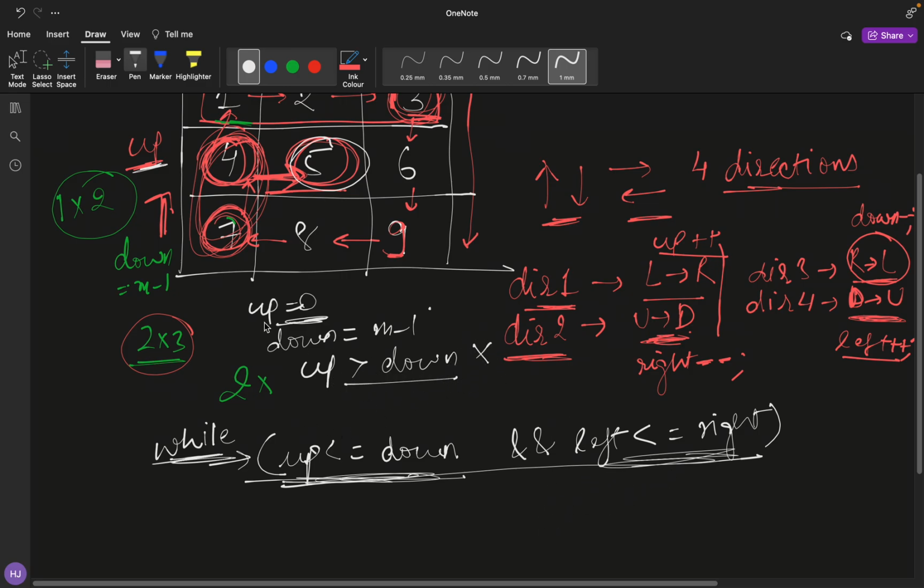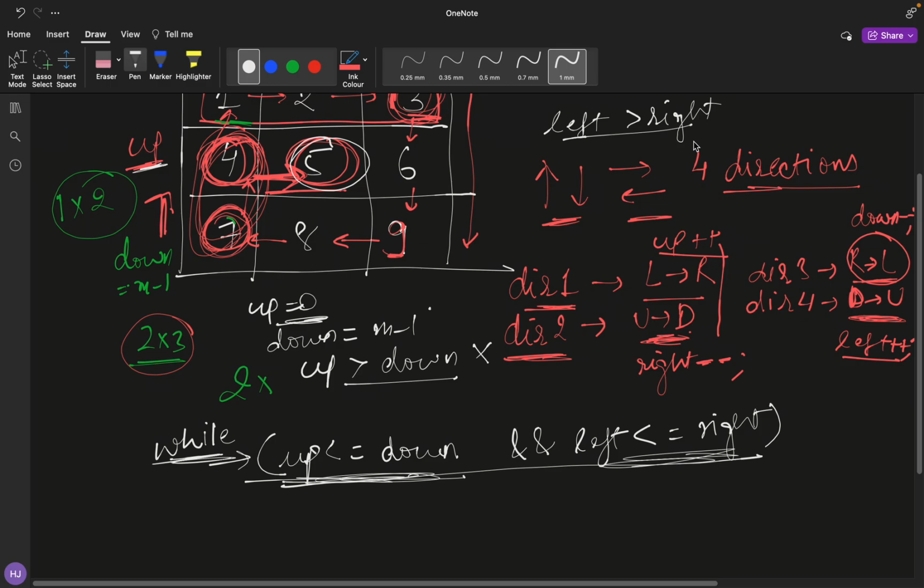And whenever my left supersedes the right, what does it mean? That I have already covered that element before in the spiral matrix, right? So this condition of left greater than right is an impossible event, and whenever it occurs, it states that we have already covered that element in the spiral.